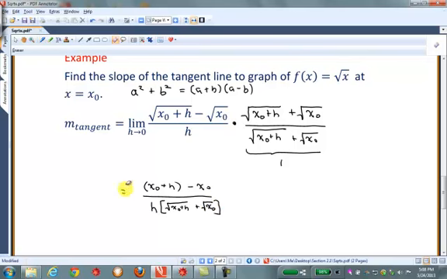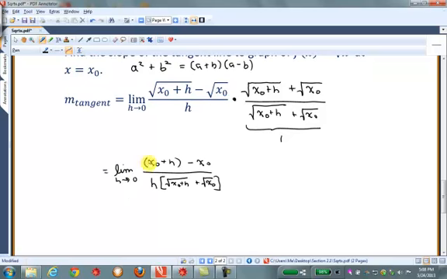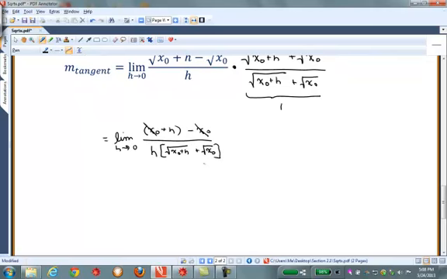Oh, I forgot. Remember, we're taking the limit of this. So the limit as h approaches 0. Now, of course, in the numerator, we have x0 plus h minus x0, so that's just h. And so this becomes the limit as h approaches 0 of h over h times the quantity square root of x0 plus h plus the square root of x0.